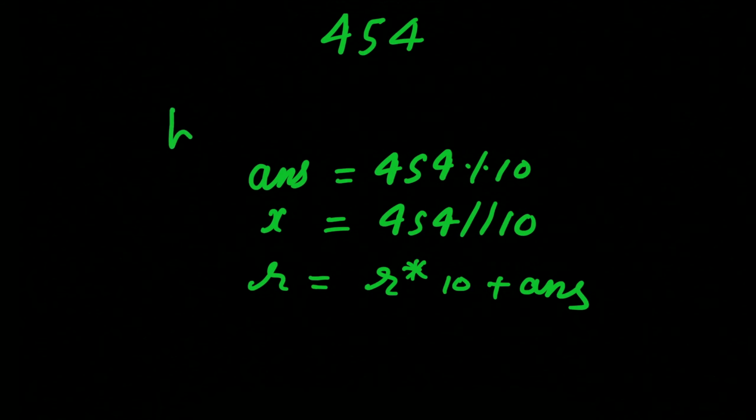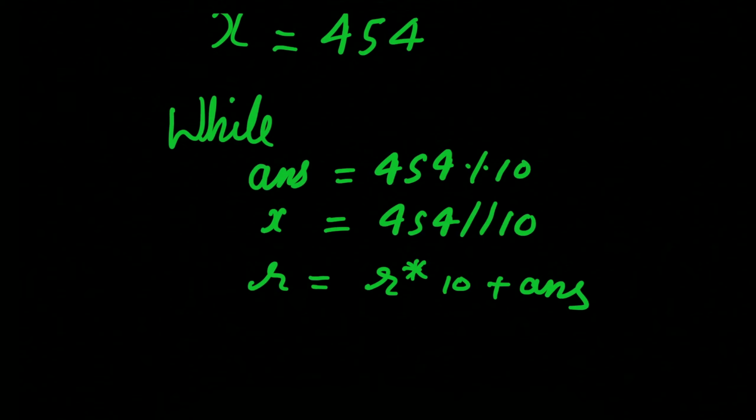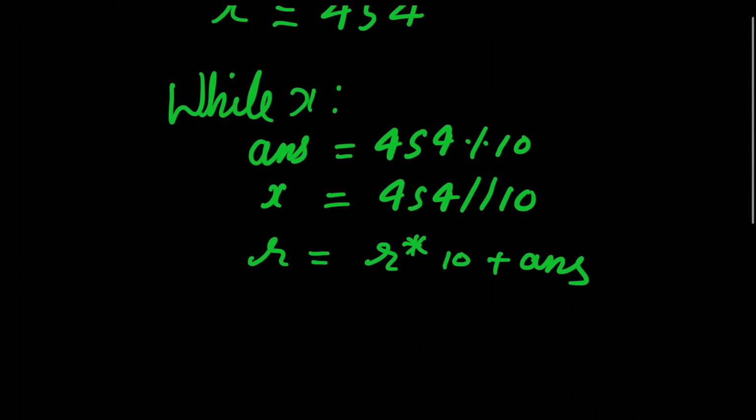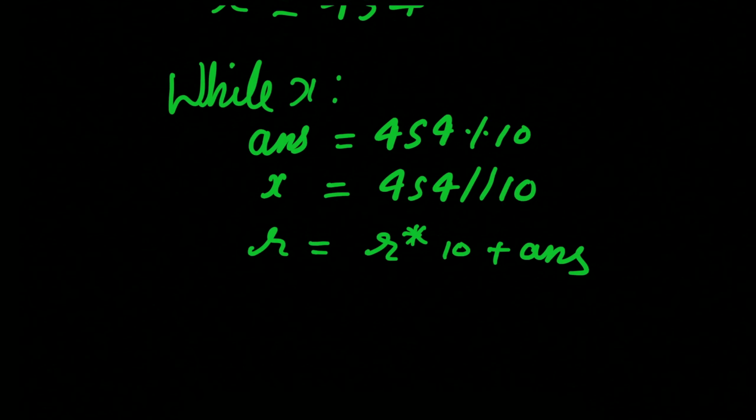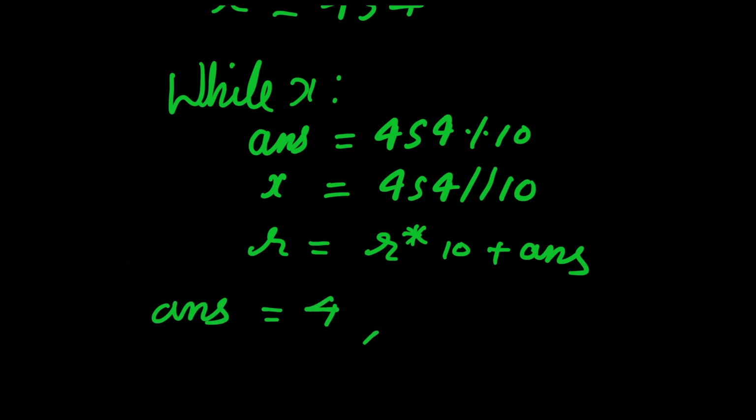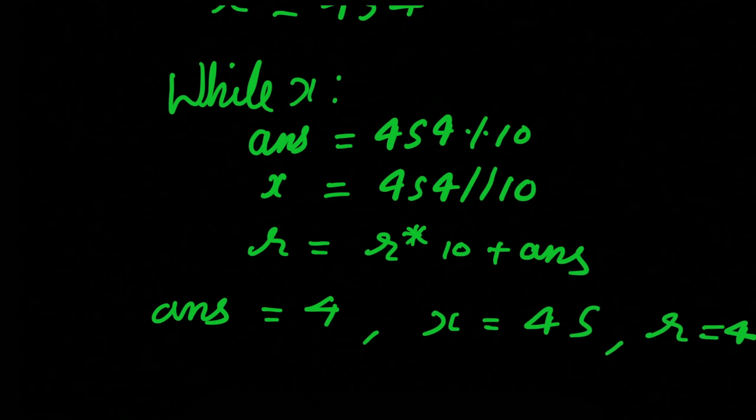So let's just say x equal to 454. While x, all this will happen, right? So first answer will be equal to 4, then x will be equal to 45, and then r will be equal to 4, right?